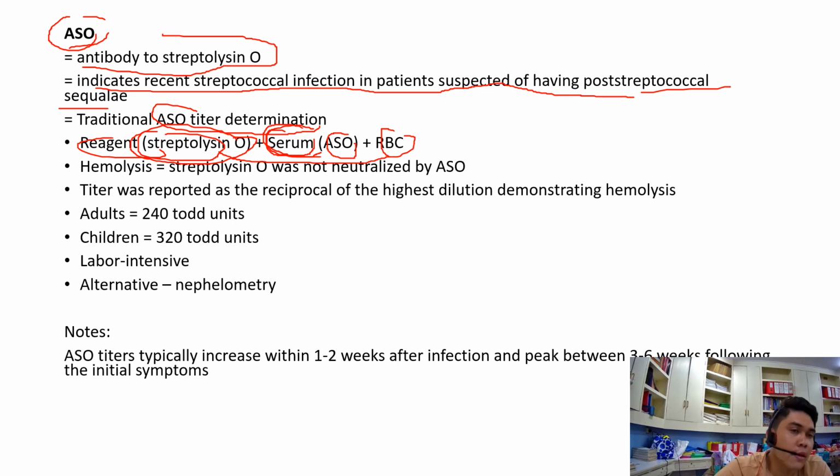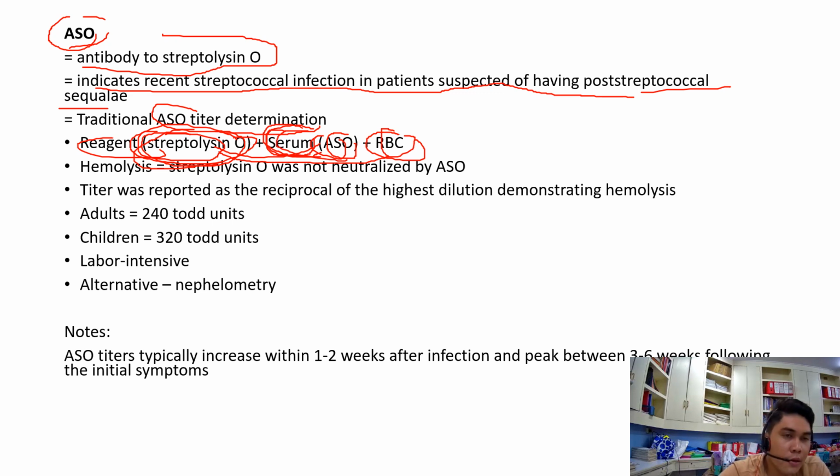Okay. Now, for the principle, if ASO is present in patient serum, this ASO will be able to neutralize streptolysin O. So after incubation, then you add RBC. RBC will not be hemolyzed. Why? Because streptolysin O was neutralized by ASO.